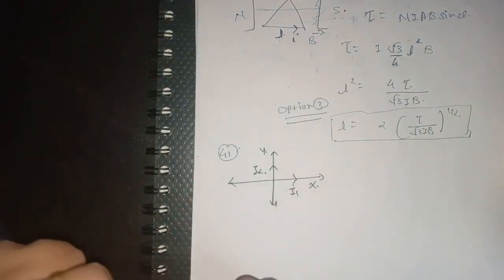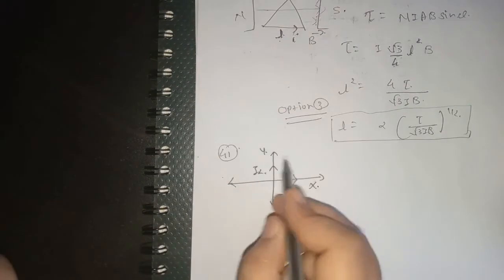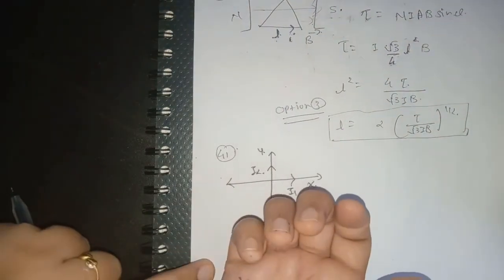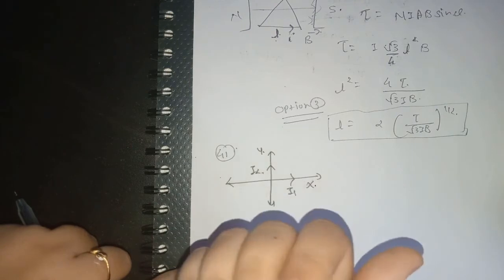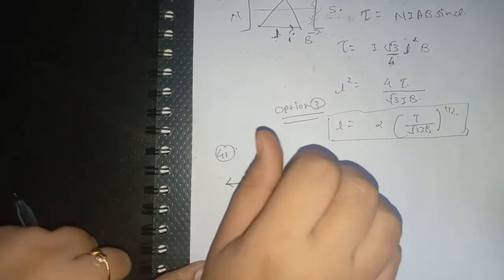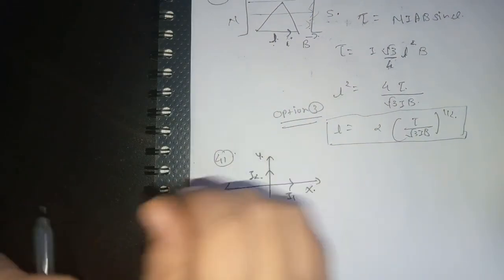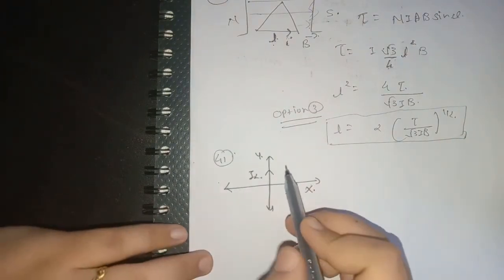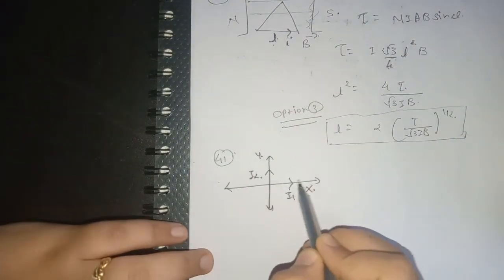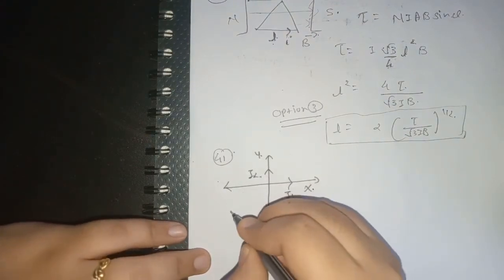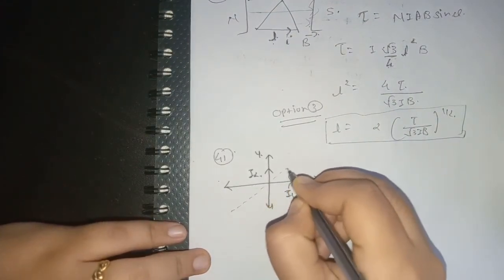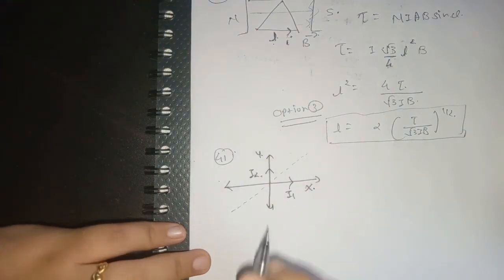If I think about direction, in the first quadrant, the magnetic field due to the I1 current is in outward direction, and the magnetic field due to I2 current is in downward direction. So there is possibility of zero induction in the first quadrant as well as in the third quadrant. So the locus will be a straight line.